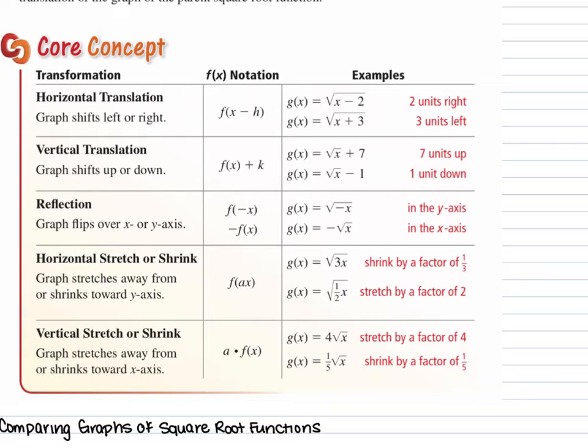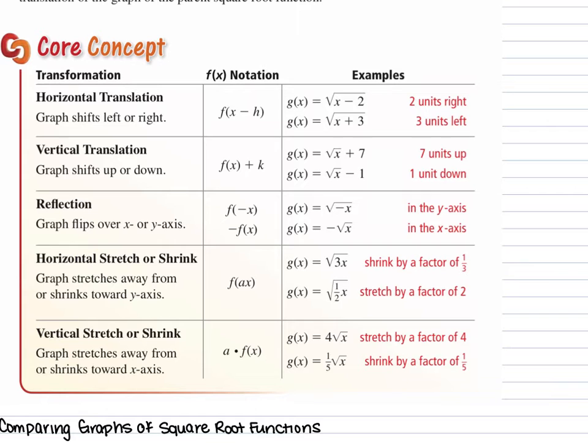If it's something like the square root of x plus 3, we're going to the left 3 units. We also have vertical translations up and down. If the number is after the radical, plus a number or minus a number, and it's plus a number, like the square root of x plus 7, we're going up 7 units. If it's something like the square root of x minus 1, we're going down 1 unit.